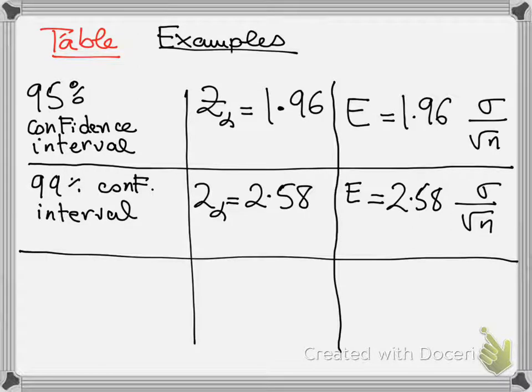And let's say another example, and I will show you later how to find this z alpha for any percentage of confidence interval. Here, let's say a 90% confidence interval.